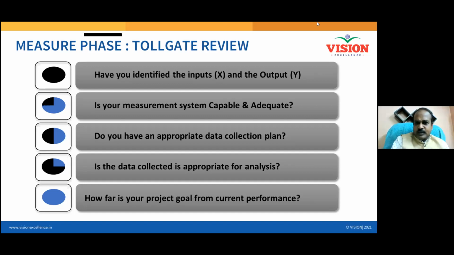Because we are going to make you... Sir, can I come in? Sir, is your measurement system capable and adequate? That's the question, right? Now, I'll tell you an example. My wife wants me to measure the length of her sari accurately. Then I have 2 options.